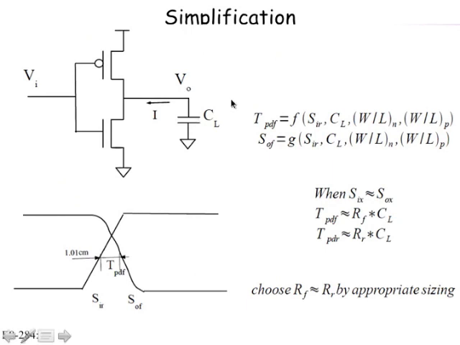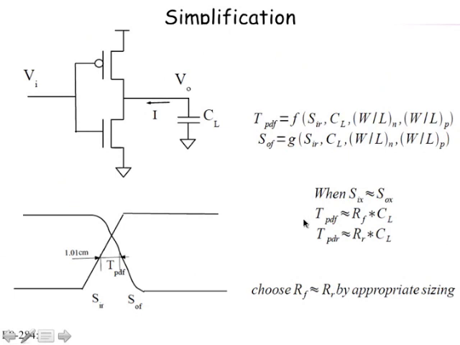Really what we say is that in reality, the delay, which is the propagation delay, whether it's fall or rise, or the output slew, is a function of the capacitances, the sizes of the transistors, both N and P, the input slew also, and these functions are kind of complex.